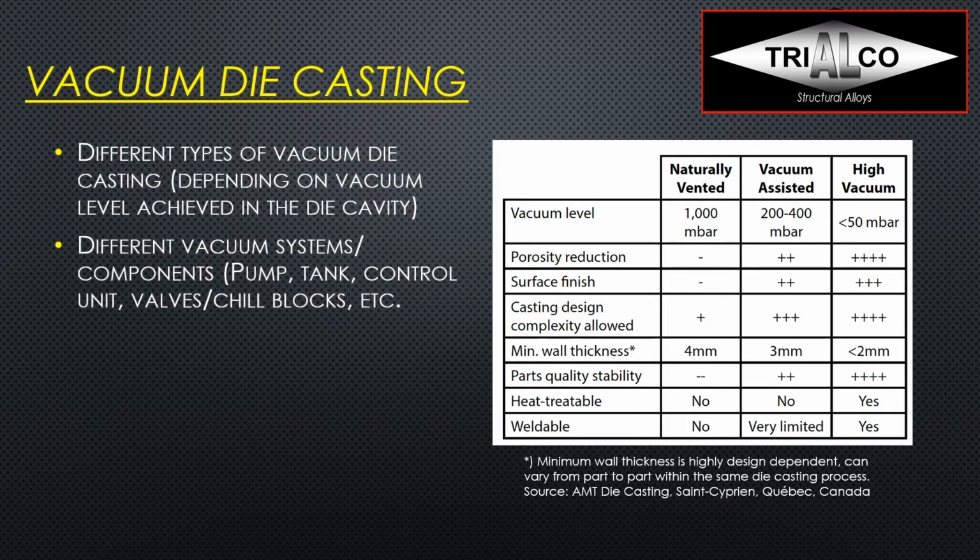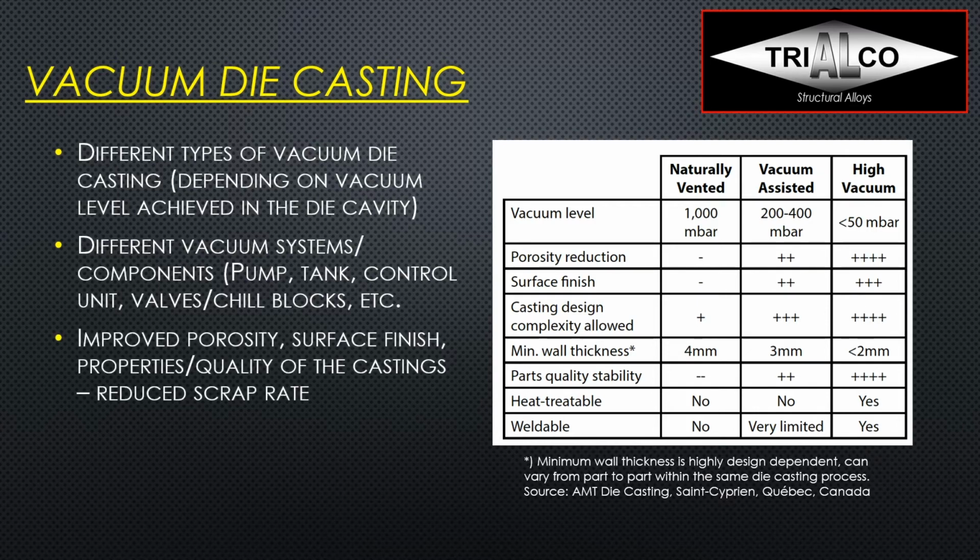and while you're injecting. Typically, with vacuum assisted, we talk about 200 to 400 millibar, while in high vacuum, which is really made for structural die castings that go into crash relevant body structures that might be welded or riveted, we talk about below 50 millibar, which is a really good vacuum. And as you can imagine, the more vacuum you're applying, the less porosity you will get.